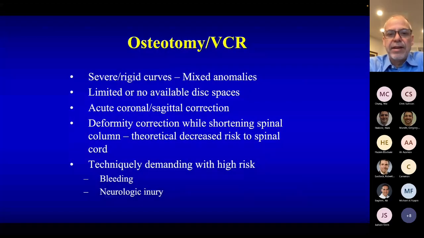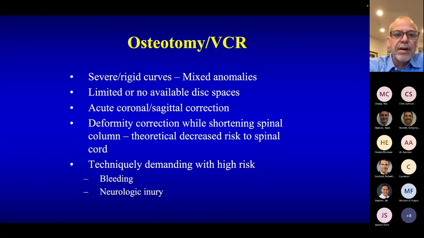And then finally, there's the big boy on the block, which is the osteotomy and BCRs, for severe rigid curves. They're typically associated with mixed anomalies. There's really no disc spaces to manipulate across. And obviously, they give acute coronal, sagittal, and sometimes axial correction.